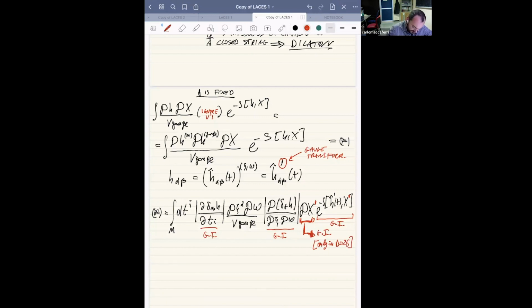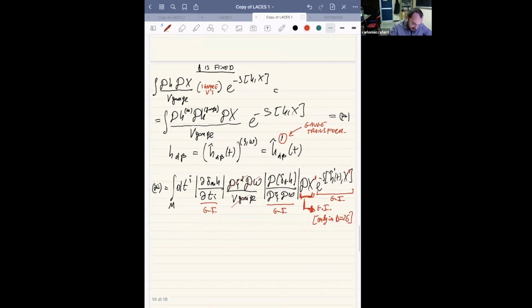If everything is gauge invariant, then the dependence on the gauge parameters completely factors out and disappears, and we can simplify the volume of the gauge group, obtained by doing this integral, because nothing depends on psi and w.